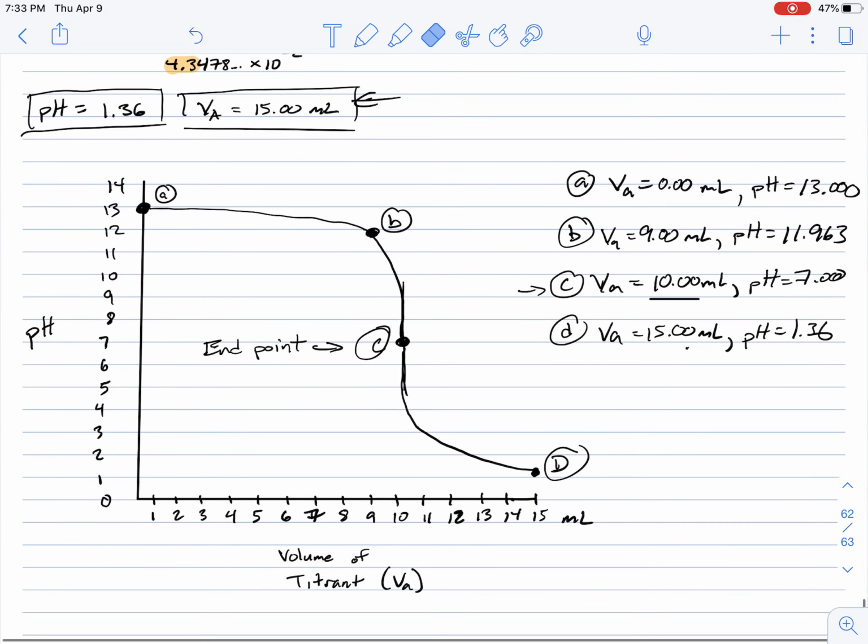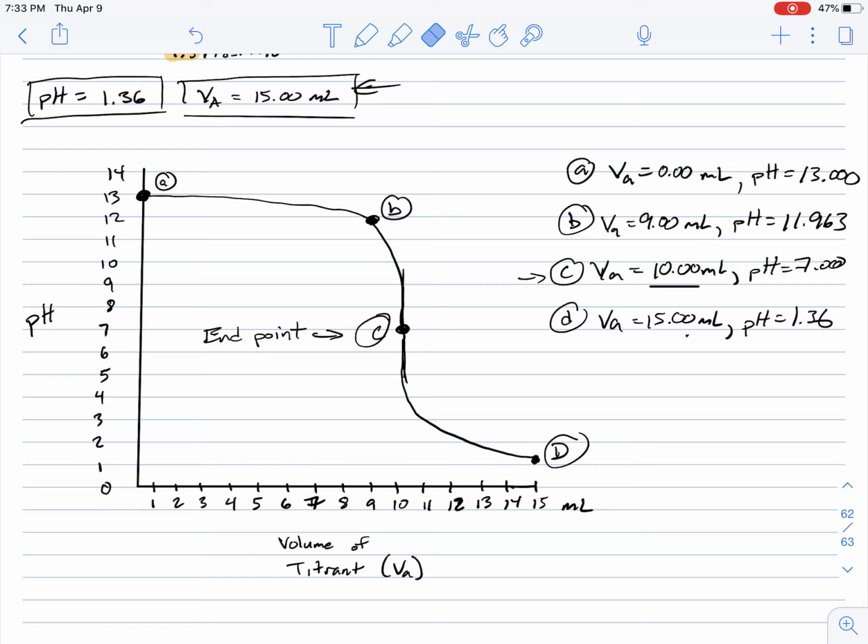All right, so this is pretty much it for part E. So for part E, we were able to sketch our titration curve using the results from part A through part D. And so I want you guys to compare and contrast the titration curve from this video and the previous video. Hopefully you were taking notes along the way or screenshotting specific aspects of the video.